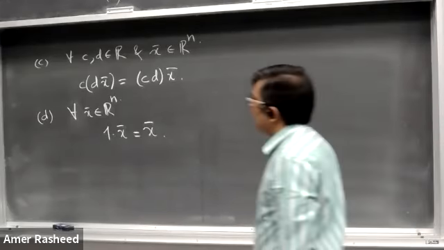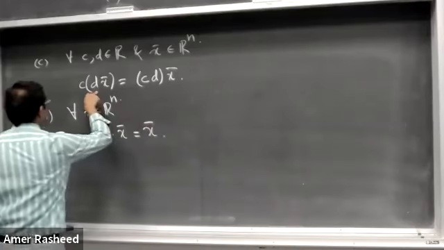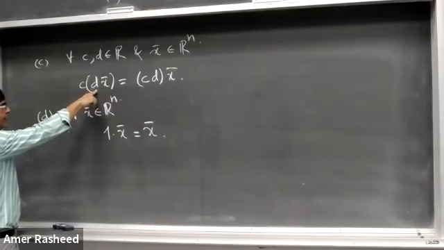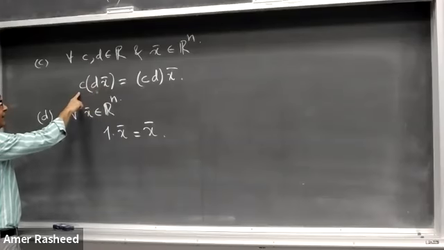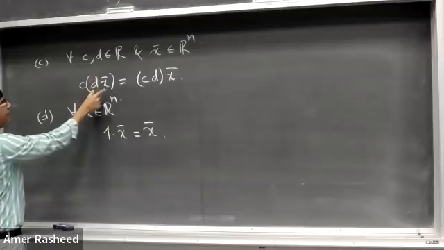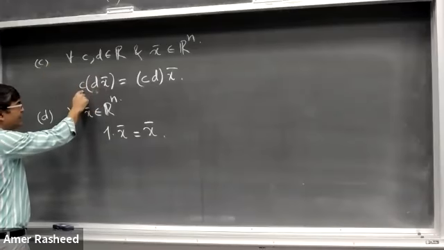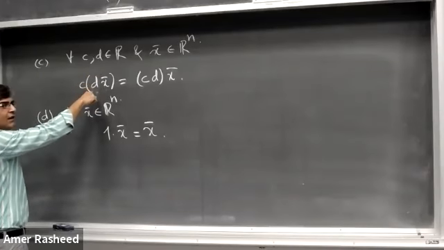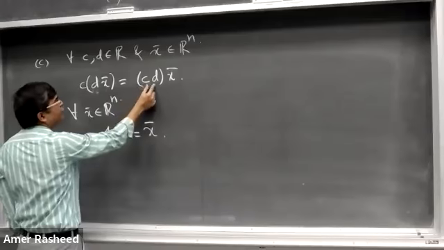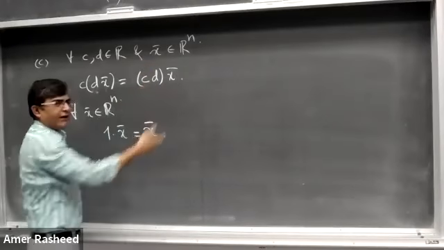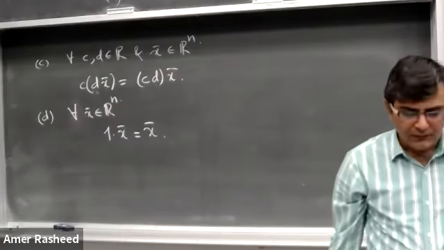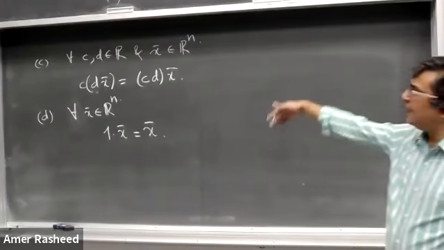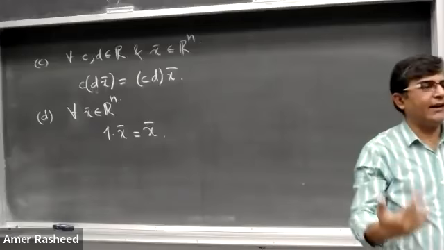And you can take it that if we have a scalar, we multiply it with a vector, then again we have another scalar and we multiply this c with this whole d x. It is equivalent to first multiplying c d and then multiplying with the vector. So these are all properties with respect to scalar multiplication.